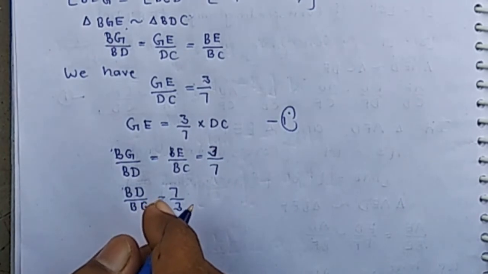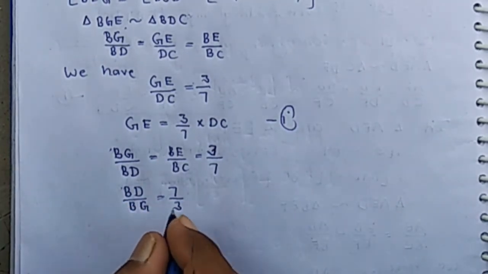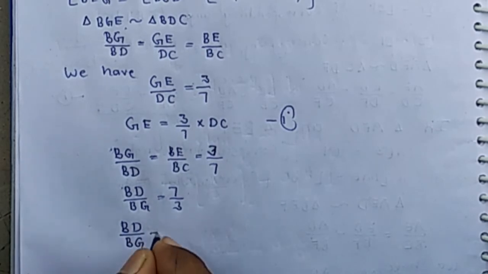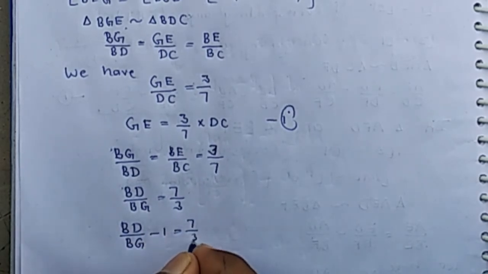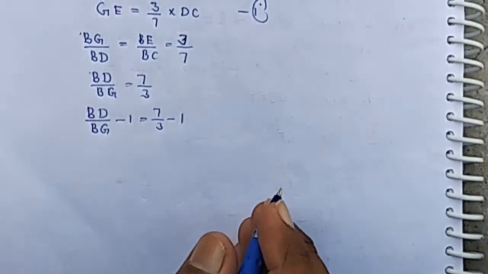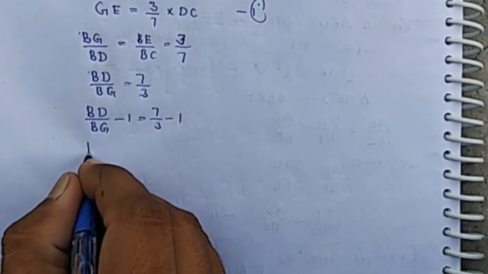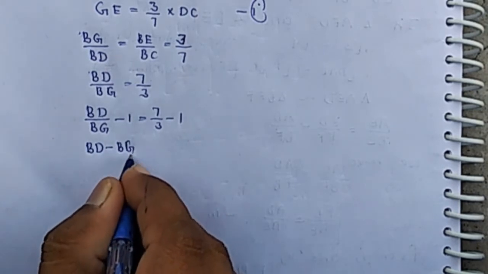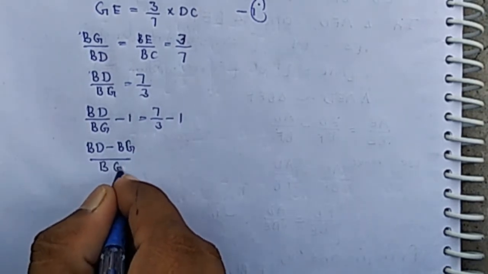Now subtract 1 from each. We have BD by BG minus 1 equal 7 by 3 minus 1. Then it is equal to BD minus BG by BG.